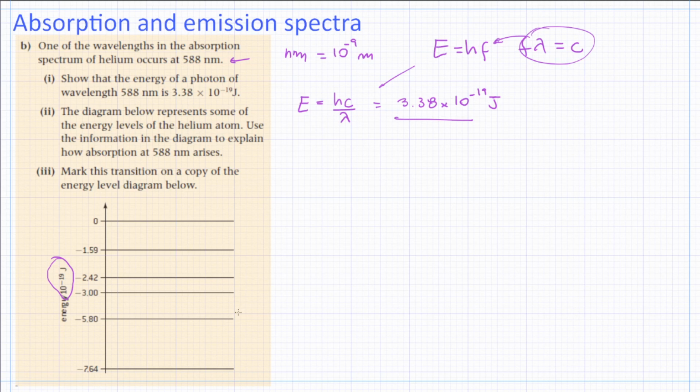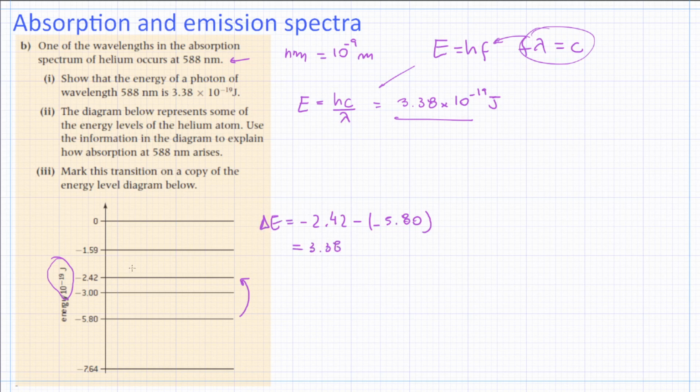So what if I go from this one to this one? I'm going from -5.8 to -2.42. So -2.42 minus -5.8. This is my change in energy, by the way. So yeah, that's it. So that's going to be 3.38.